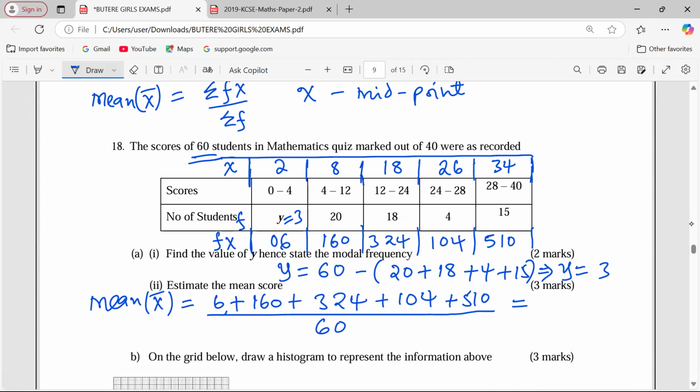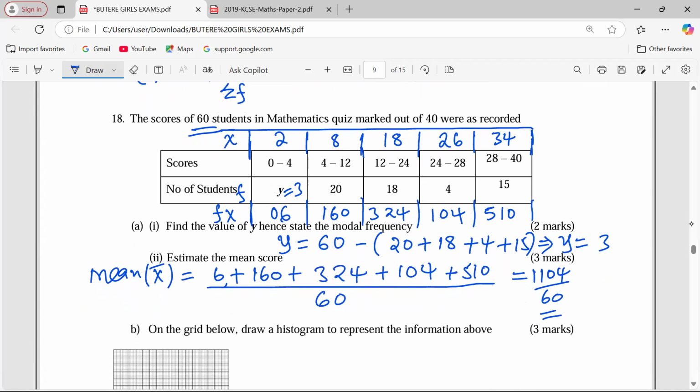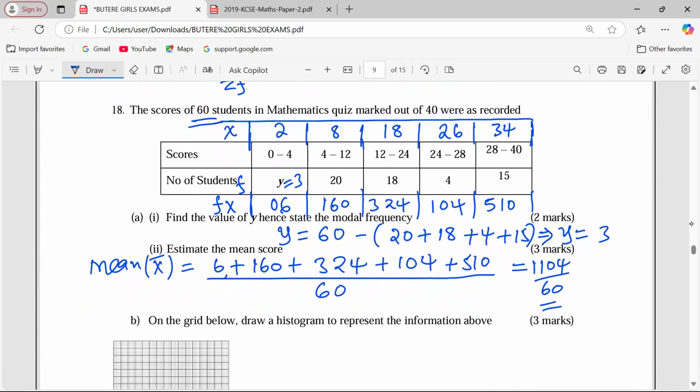So I take 6 plus 160, then add 324, then add 104, then add 510. This gives us 1104 over 60, which equals 18.4. That is the mean mark.